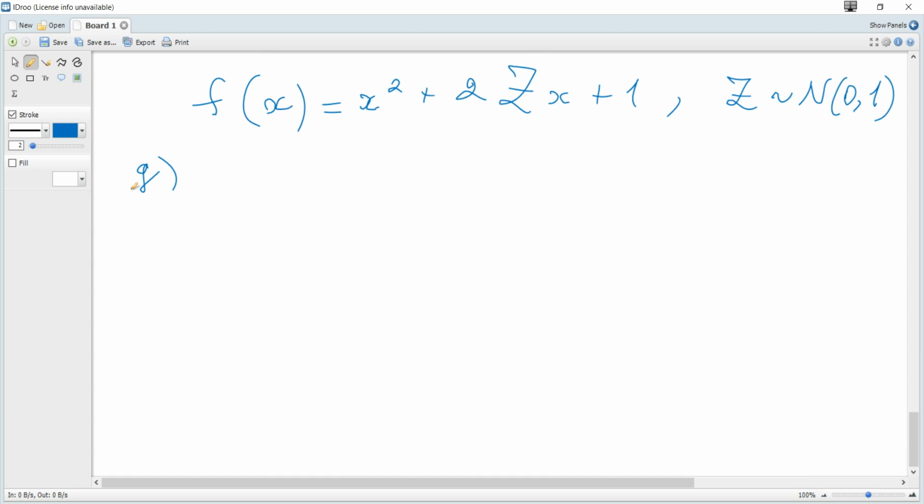Find the probability that the graph of f has 2 x-intercepts, 3 marks. And again, to have 2 x-intercepts, the discriminant, which is b squared minus 4ac, must be greater than 0. So b squared must be greater than 4ac.